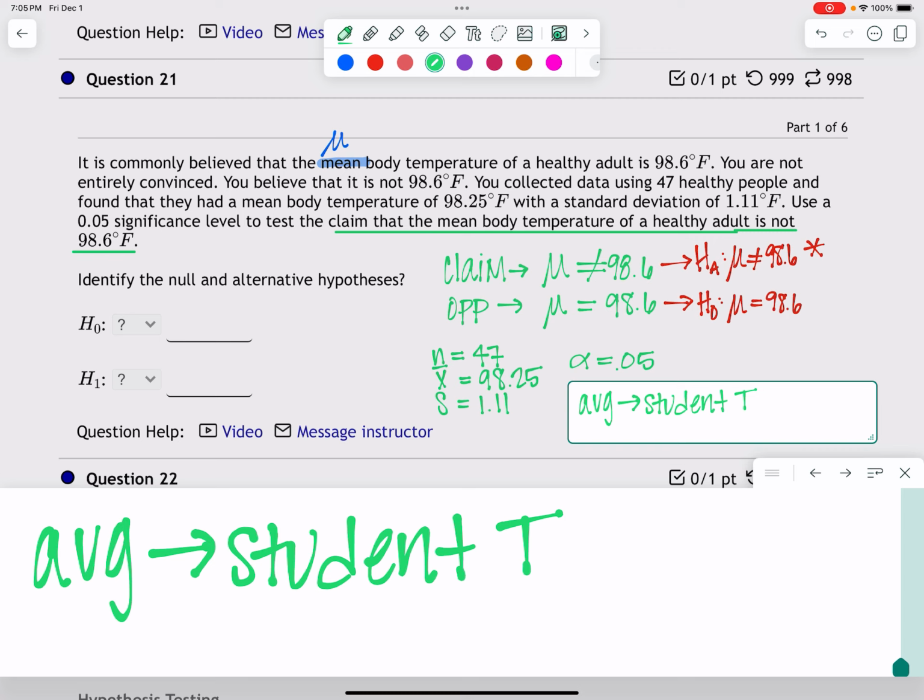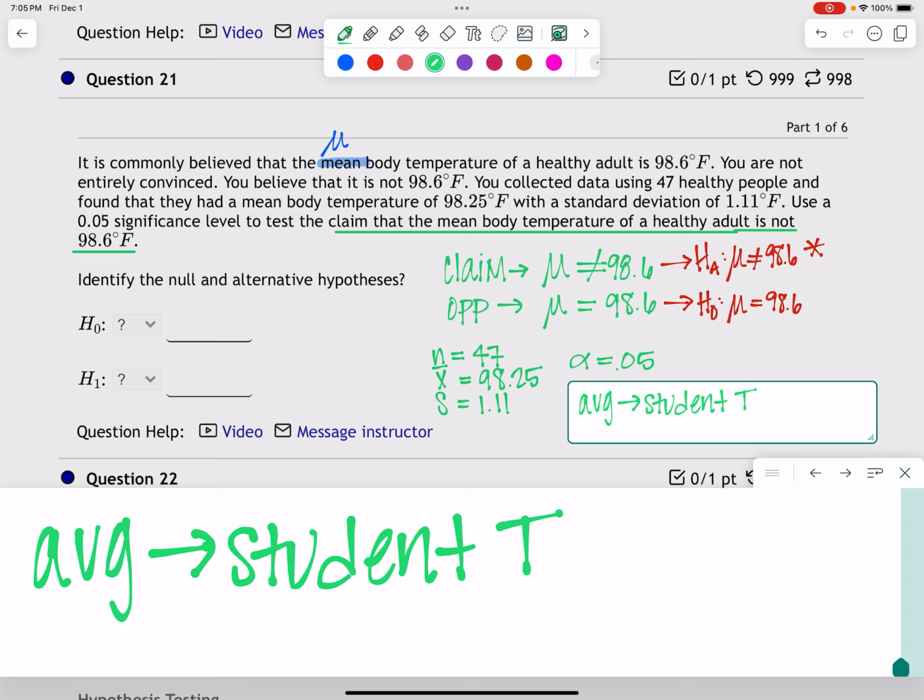I'm going to go to stat and T stats. I have one sample with a summary. I have a sample mean of 98.25, a sample standard deviation of 1.11 and a sample size of 47.